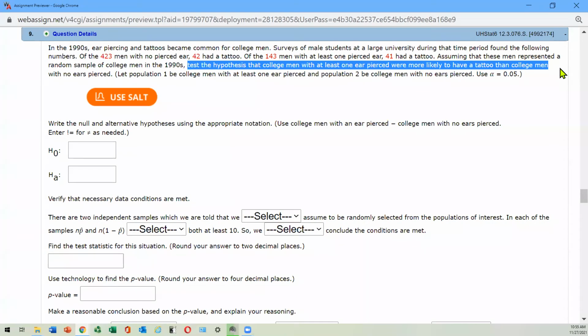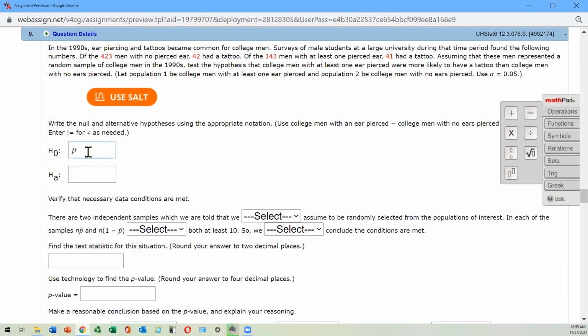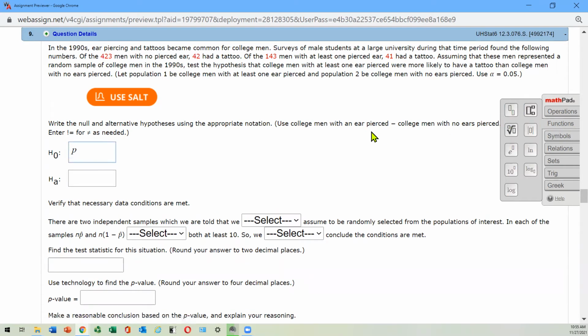College men with one pierced ear or more are more likely to have tattoos than those who had none. Okay, so P1 is going to represent college men with an ear pierced, take away P2, those who did not have any ear piercings.